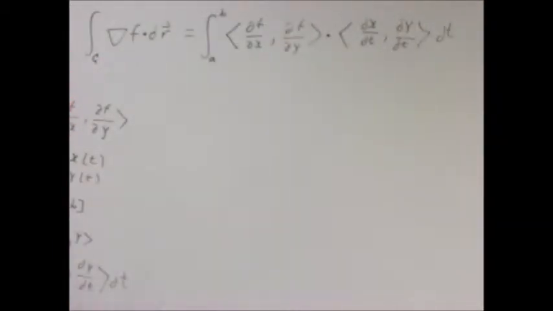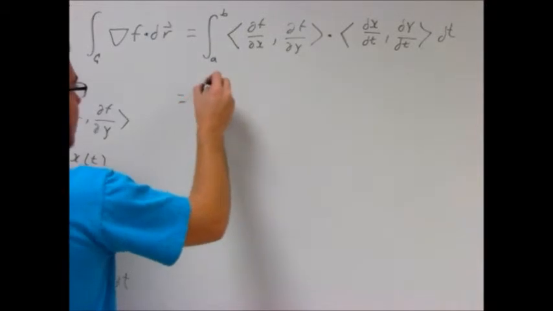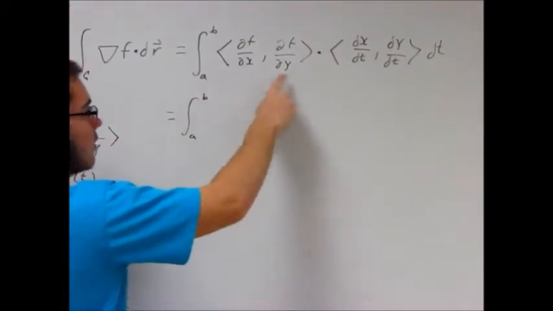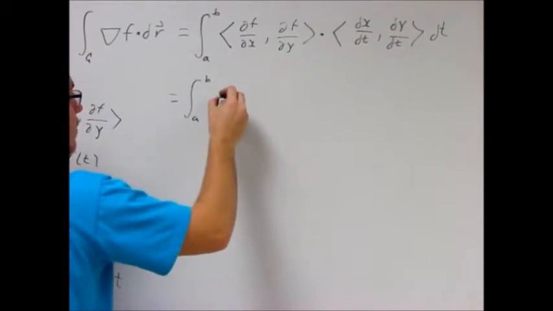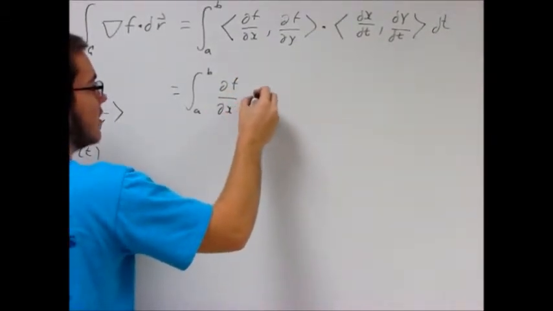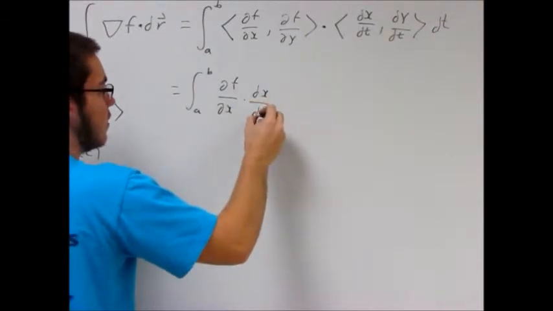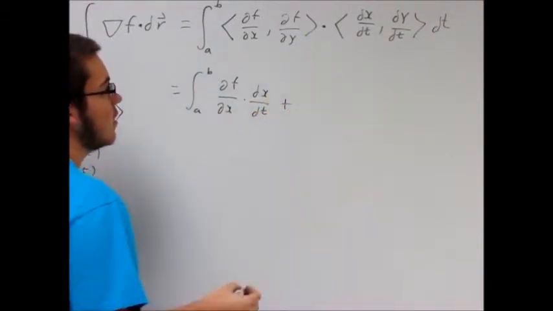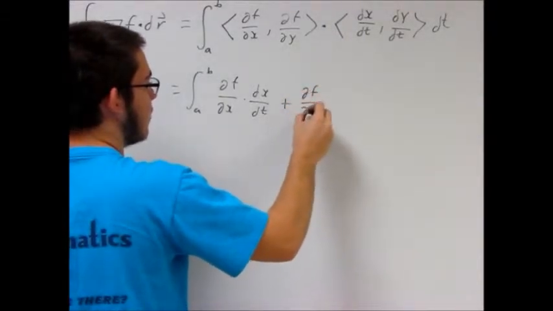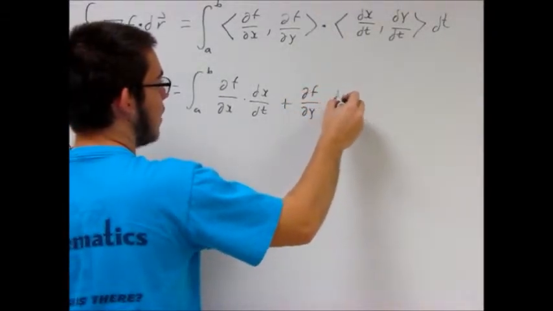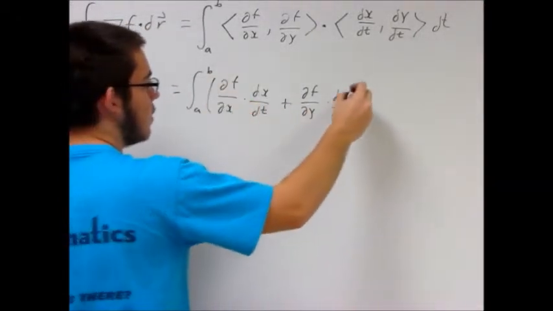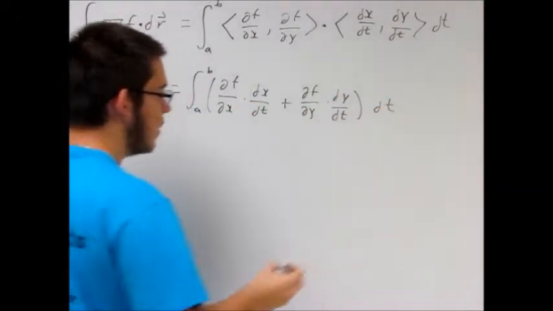And so now we take the dot product, integral from a to b, multiply the x components, we get partial f with respect to x times dx dt plus partial of f with respect to y times dy dt.